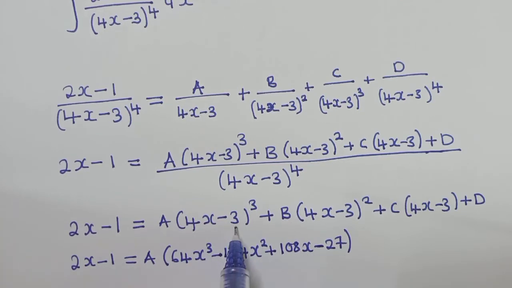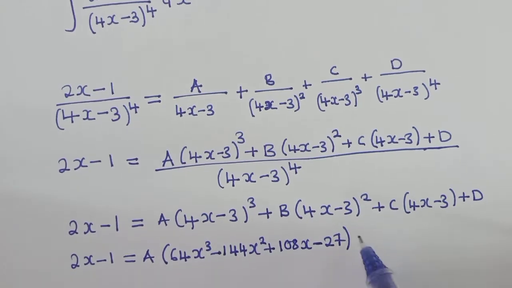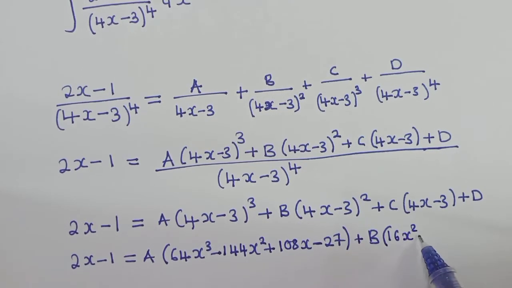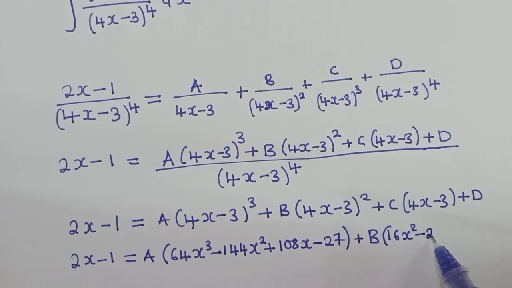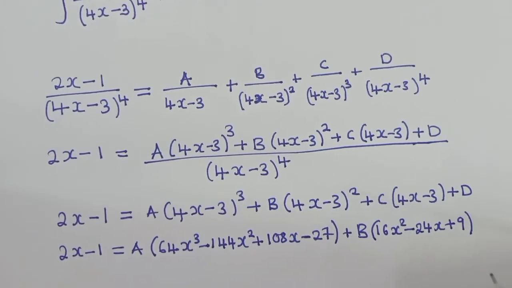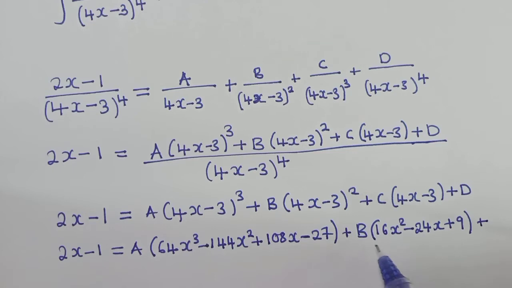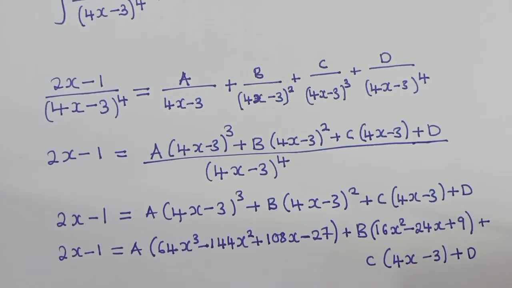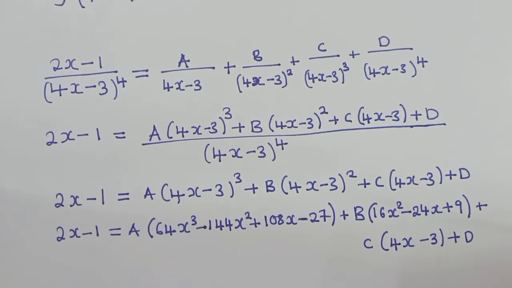In short, you get this times this same thing 3 times, it will give you this. Next, you shall have B, and then this one, it will be 16x squared minus 24x plus 9, and then you close, okay? So there we say plus, we have C(4x minus 3) there plus D. So this is what we have.